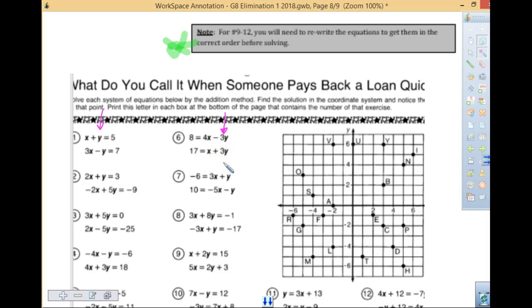But it says, when you get to 9 to 12, you need to rewrite. When I look at number 4, the x's cancel, right? I add them together. I still have to have an x and a y. Okay, so you still have to have 2 answers. Okay? Number 9, let's rewrite it, and then the rest of the time will be yours to work.